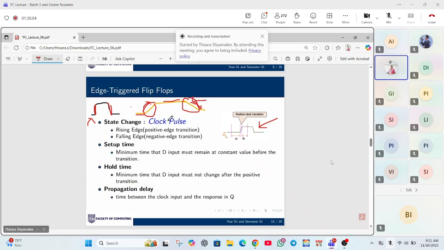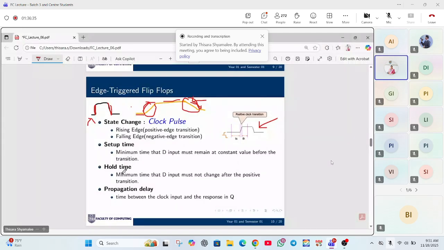This may change, but according to our example, this can be the setup time before the positive transition, and this is the setup time before the negative transition. In order to do the positive or negative changes, it requires some amount of time to set up for the transition.